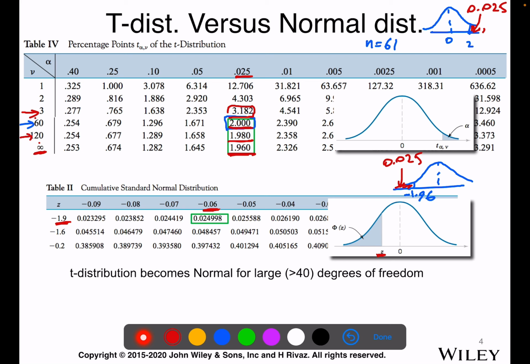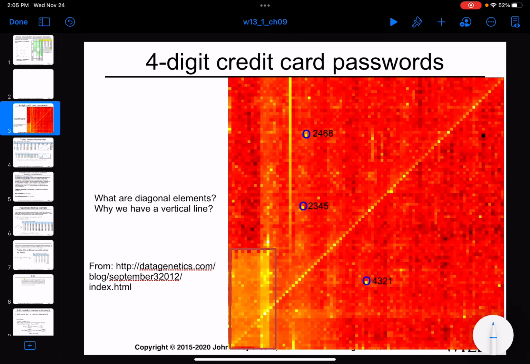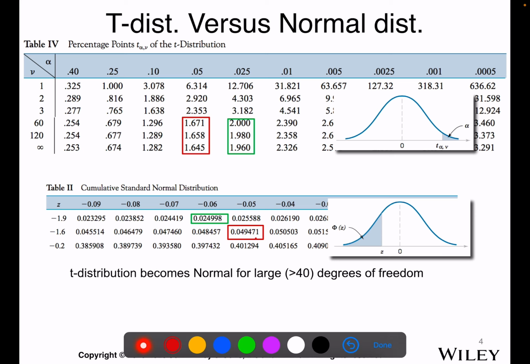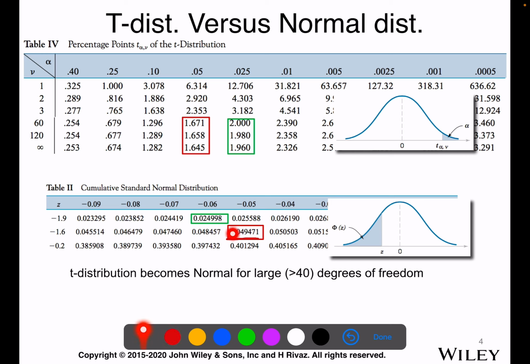Okay, so let me cancel this. We can also look at other numbers, right? So here we have a probability of 0.05, and also here is 0.05.